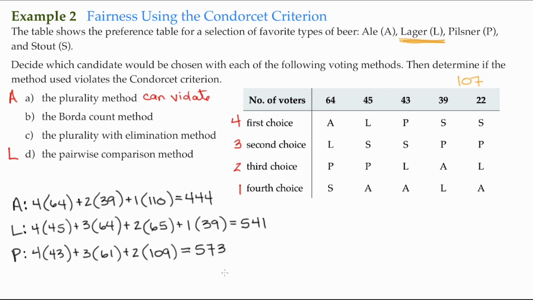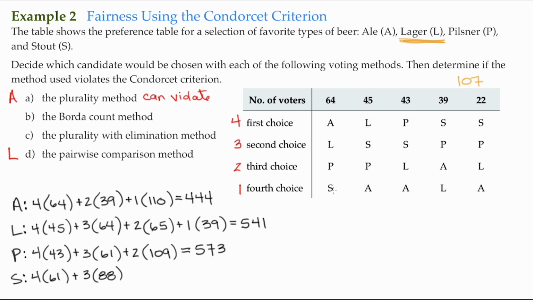And we'll finally do Stout. 39 and 22, that's 61, so 4 points for those 61 votes. 45 and 43, that's 88. None for the third choice, so we won't worry about it.